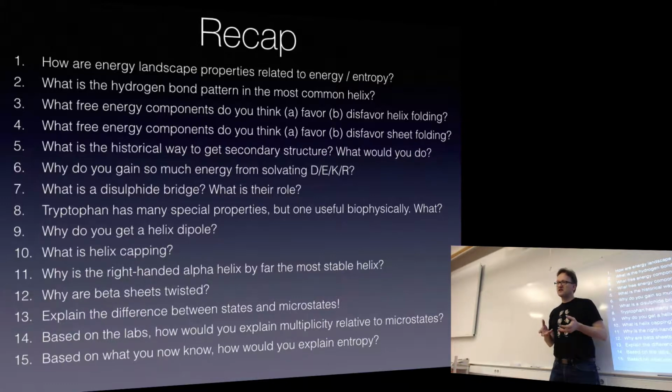If for these particular residues the entropy parts are more severe, then it will be more bad than good, and it's not going to fold a helix. On the other hand, if the energy components, the hydrogen bonding part, are better, then it's going to be downhill in free energy, and then we like to form an alpha helix. So the terms are always there no matter what amino acid you have, but whether these particular amino acids are going to form a helix or not depends on the relative size of the terms.